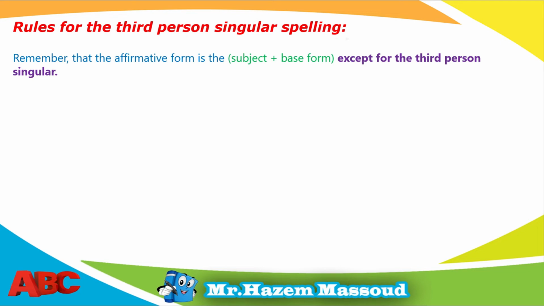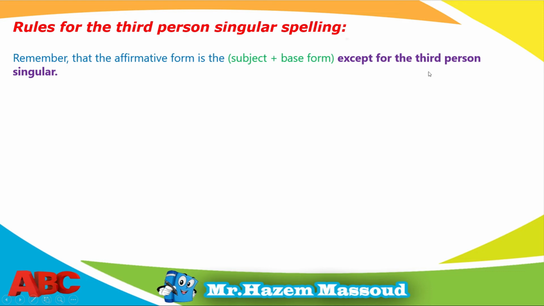And now we will talk about the rules for third person singular spelling. Remember that the affirmative form of the present simple is the subject plus the base form, except for the third person singular.